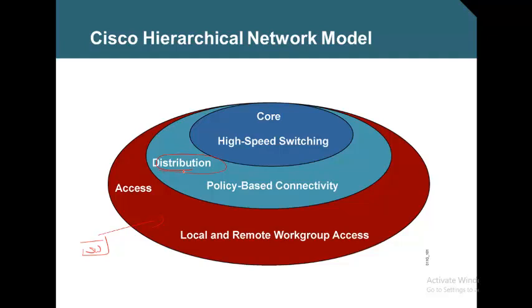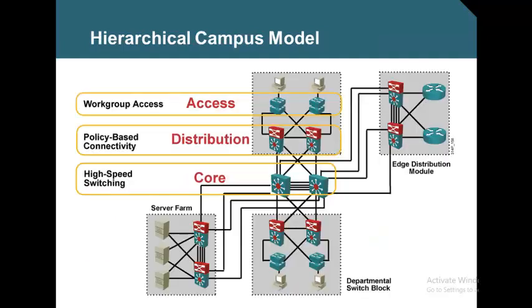You see this picture. This is what I was explaining. There are many segments. This is one segment, this is another segment, this is another segment, of your enterprise. To connect between all the segments, what do you have? Core layer.